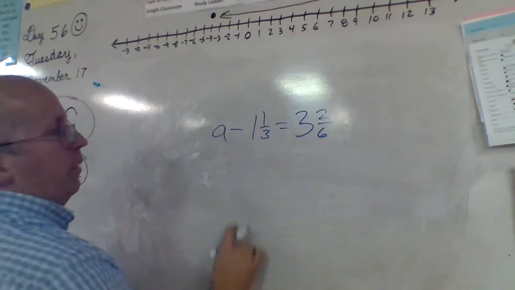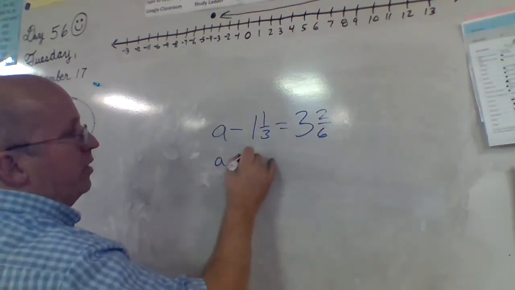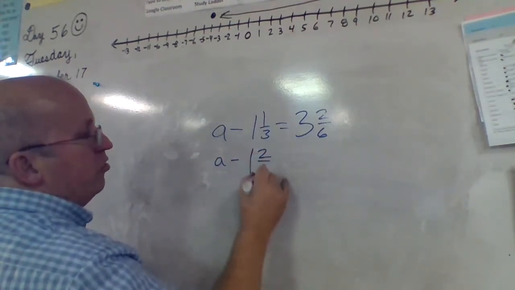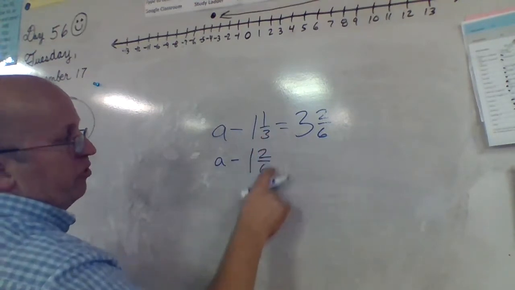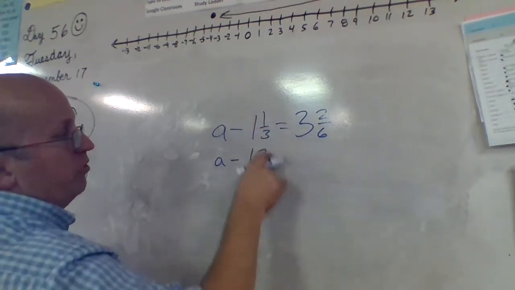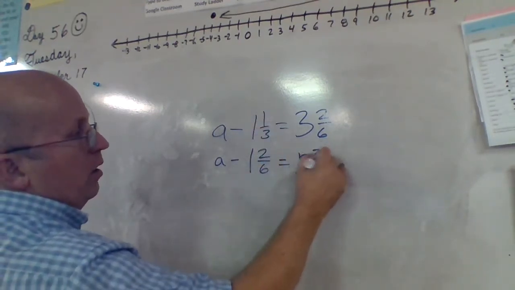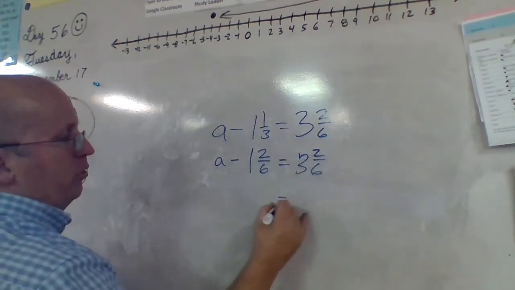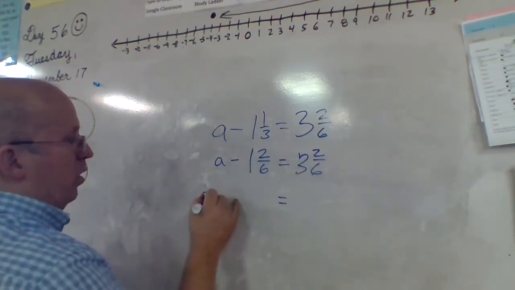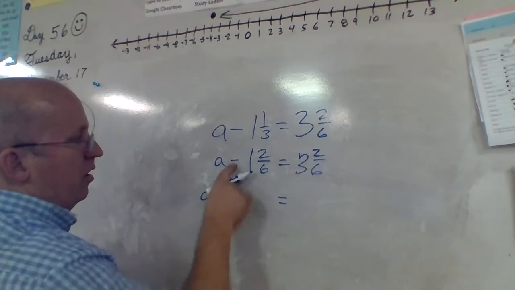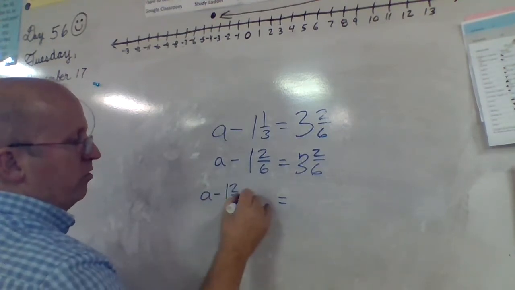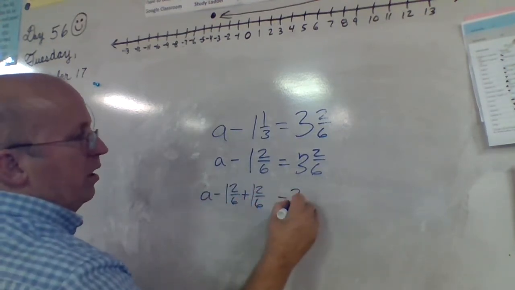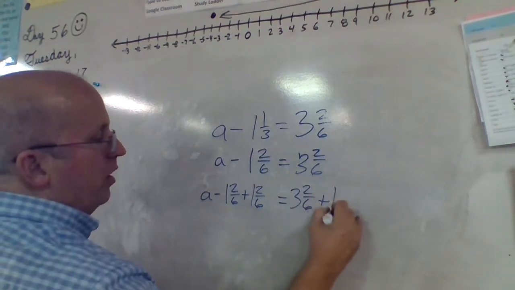First thing I need is common denominators in my mind. So I'm going to change this to 1 2/6. 3 times 2 is 6, so the top 1 times 2 is 2. Then I'm going to use that method we've talked about, where I do the opposite of subtracting this, which is going to be adding this, and we're going to do it to both sides.